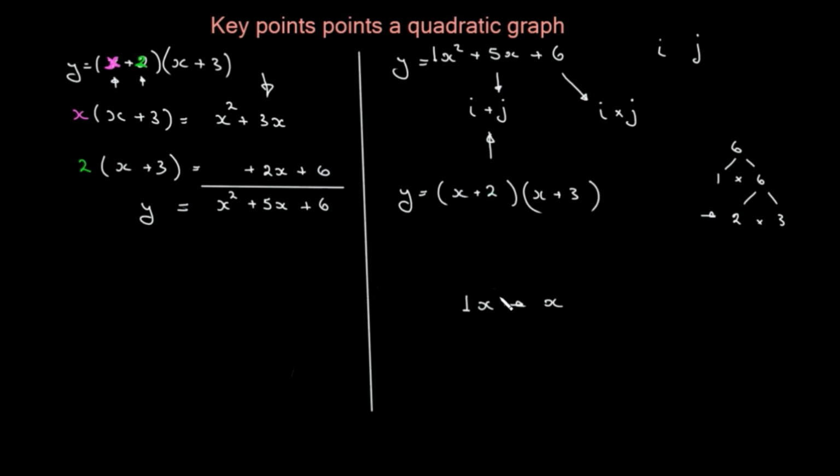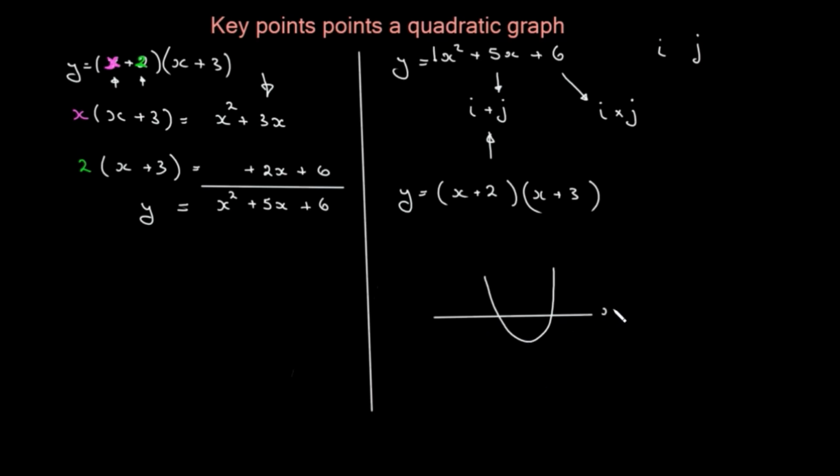Now, what does that actually mean? This is positive, so it's an upward opening shape like that. And as it happens, this one will cross the x-axis.